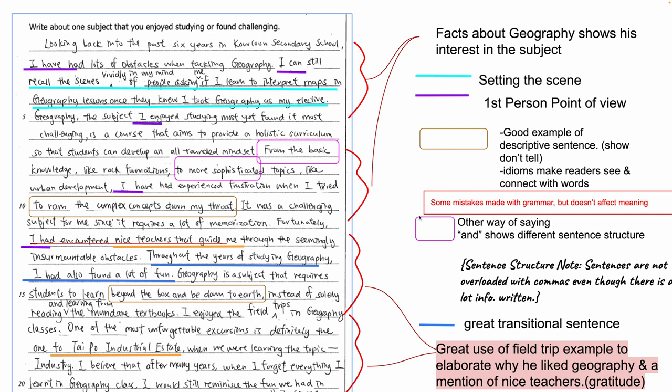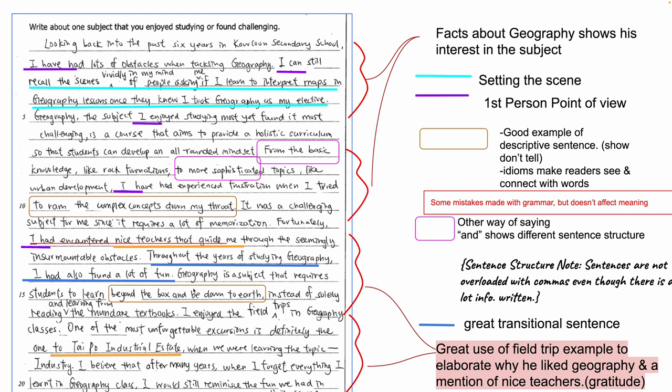Okay, I'm not going to talk about the mistakes yet, but there are other ways of just using "and." So take a look at this. "From the basic knowledge, like... to more..." So from the "to more," that's a good way of saying "and," just a different sentence structure. Great transitional sentence here that isn't just firstly, secondly, thirdly. So they really just talk about and describe the previous idea and move on to the next point.